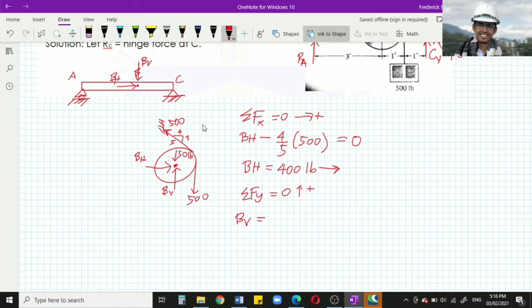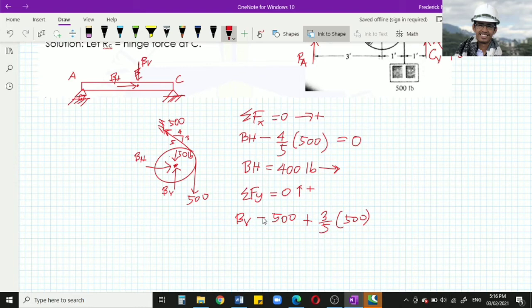So tuloy natin, that will be BV minus, so ano yung mga vertical forces natin. So yung 500, okay? So minus 500 pounds. And ito, vertical forces din to. Gagamitin natin yung vertical component naman. So that will be plus 3/5 times 500. So wag niyong kakalimutan yon, may force dito na 500, same din dito, 500 din to.